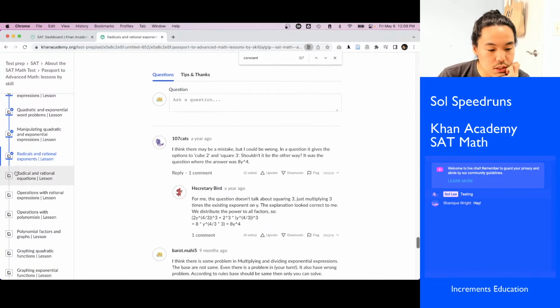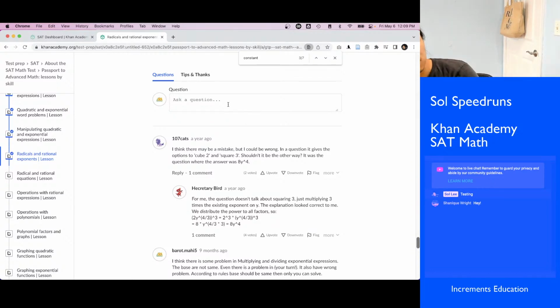These are easy. And by the way, guys, whenever I forget the rules for this, all I do is I just do 2 squared times 2 cubed, to remind myself: do I have to multiply or do I have to add?